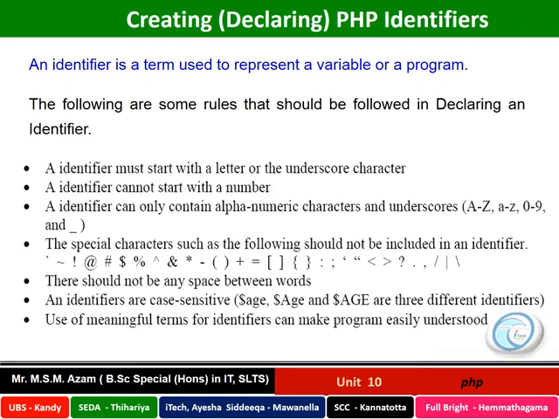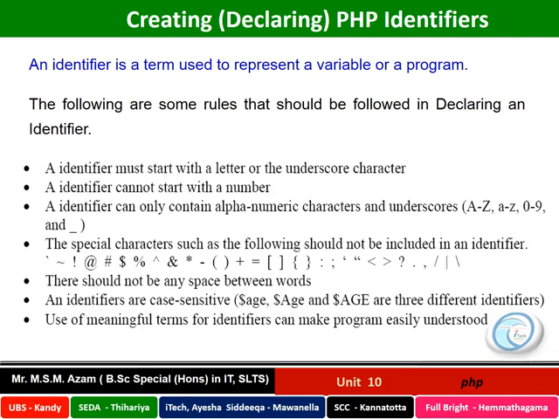When you name an identifier in PHP, you have to follow some rules. These rules are given on the screen. Rule number 1, an identifier must start with a letter or an underscore. Rule number 2, an identifier cannot start with a number. Next, an identifier can only contain alphanumerical characters and underscore.